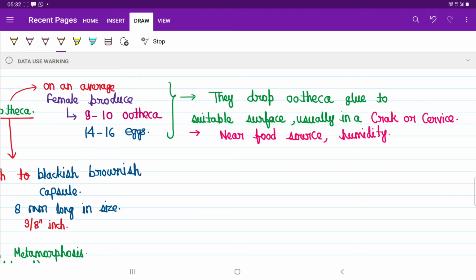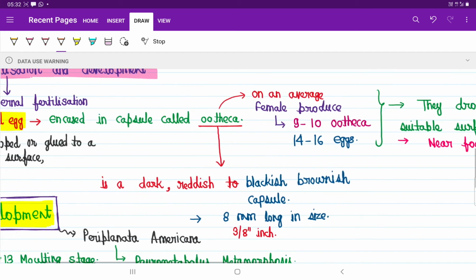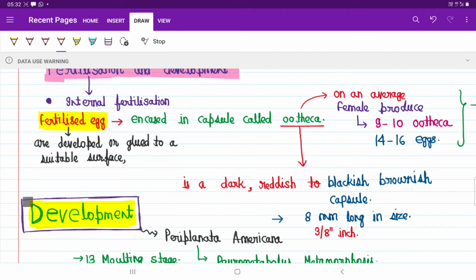This ootheca will keep the growing babies safe, and finally when they develop, they will come out of the ootheca. The ootheca is dark reddish to blackish in color, and its size is 8 mm.